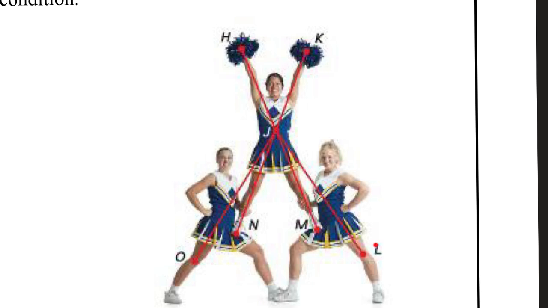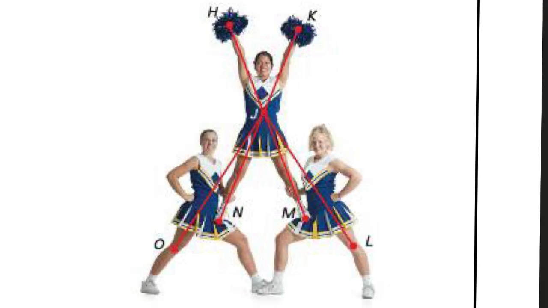So I'm looking at angle LJM, and then also I can say angle MJN. Okay, so LJM and MJN are adjacent acute angles. Also, if you look at this, pretty much the same thing's going on over here.